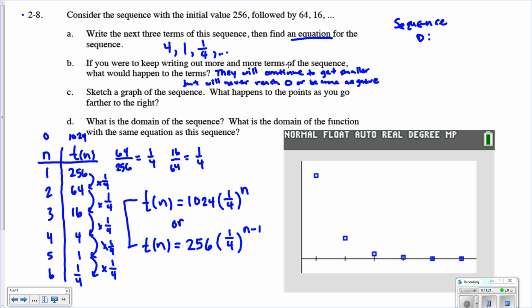So we're going to say that our domain is going to be all integers greater than or equal to 0. All real number integers, or you could just say all integers that are greater than or equal to 0.